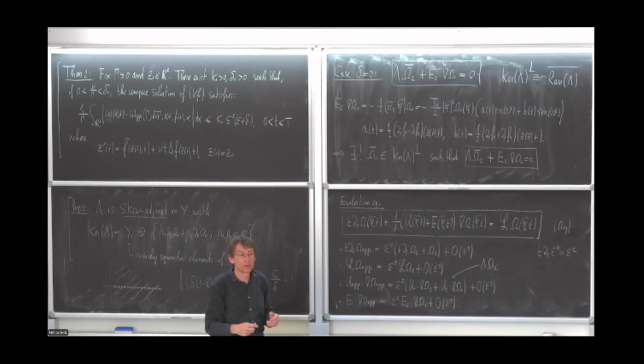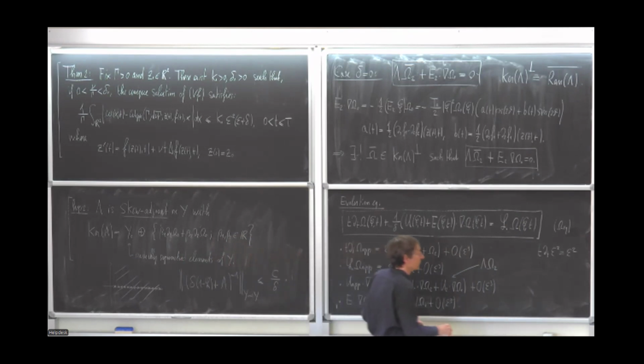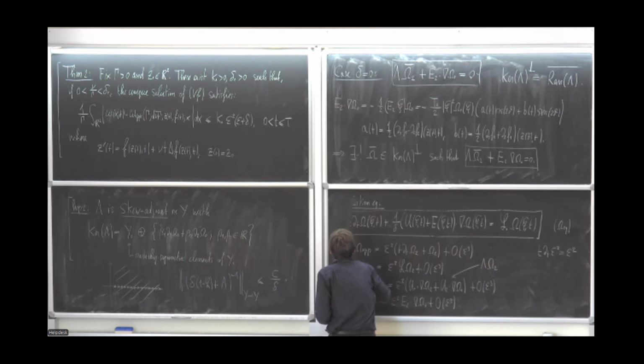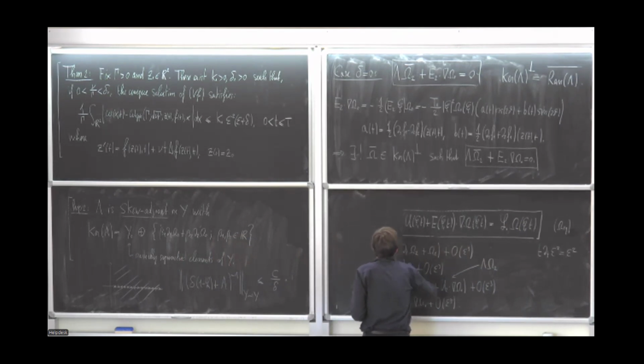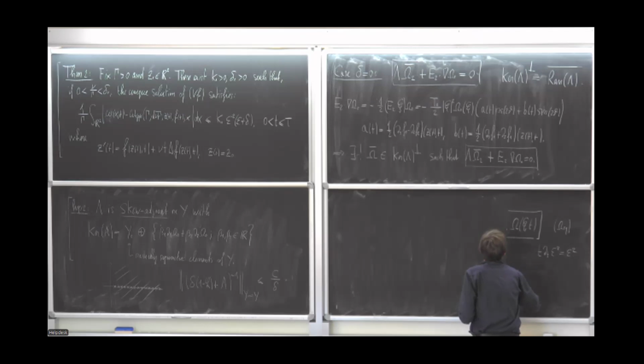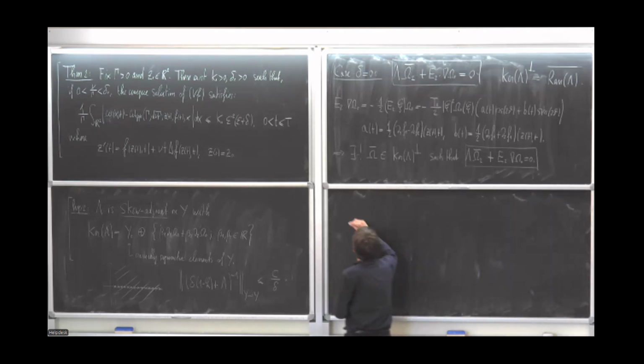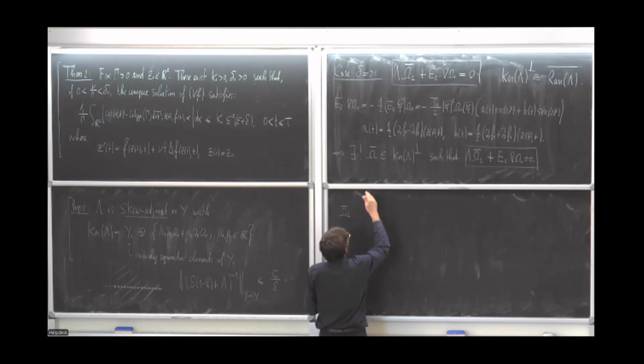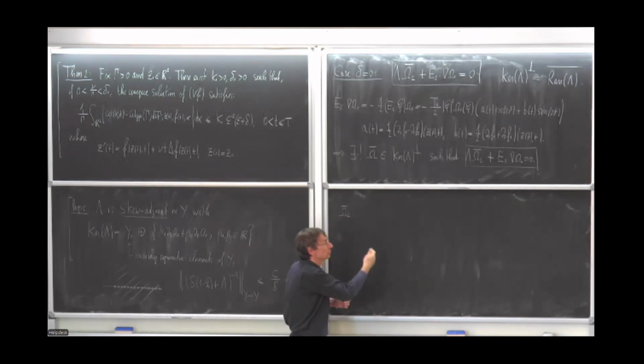You plug into the equation, you obtain an ordinary differential equation that you can solve. So let me write the formulas to convince you that this is nothing. By direct calculation, just plugging in and solving the ODEs, we find omega 2 bar. So instead of saying that there is a unique one, I can give you the formula, you can just check that it solves the equation.